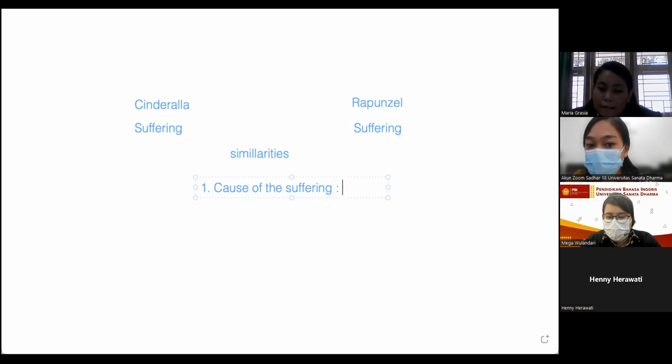But you said cause of the suffering. Cause is the reason. What is the cause of the suffering? The cause of the suffering is an evil woman, an evil woman in both of the characters. Yes, miss. Okay, and what else?